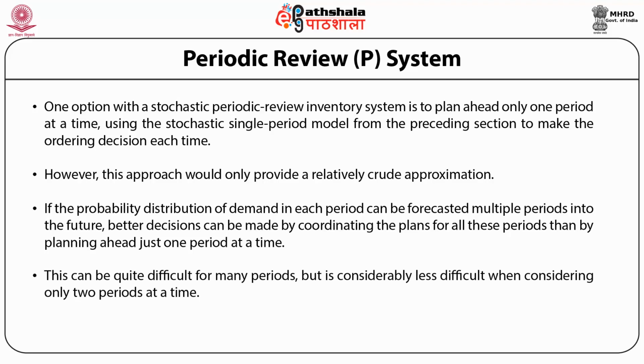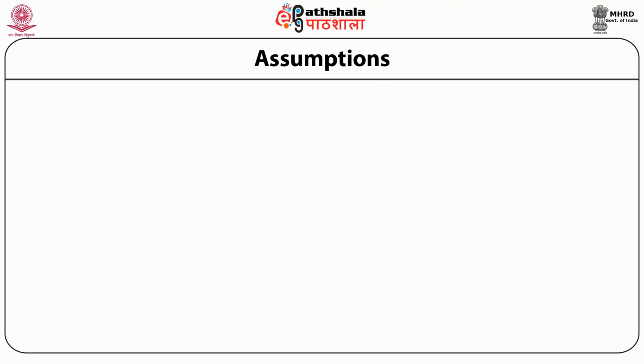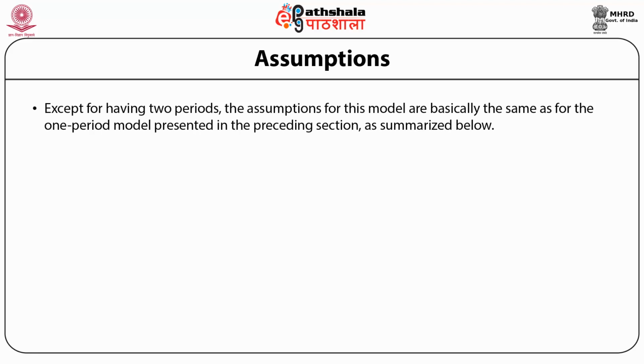This can be quite difficult for many periods but is considerably less difficult when considering only two periods at a time. Assumptions. Except for having two periods, the assumptions for this model are basically the same as for the one period model presented in the preceding section, as summarized below.